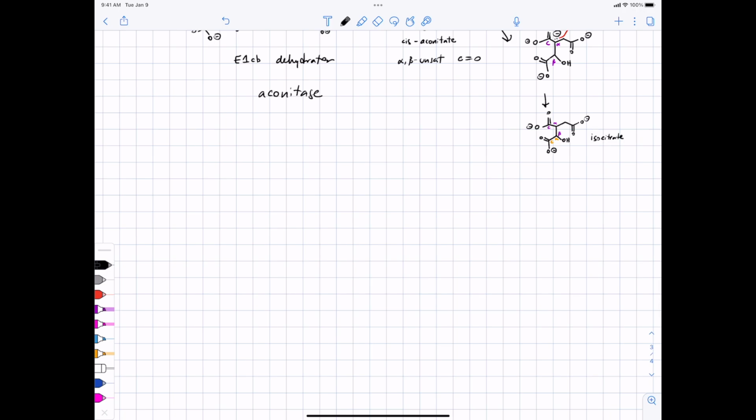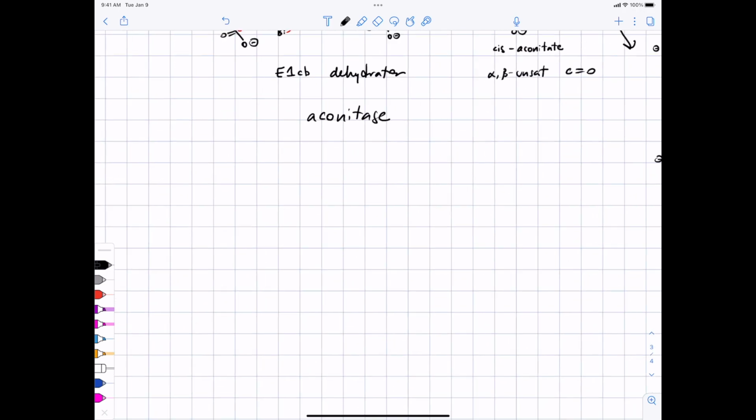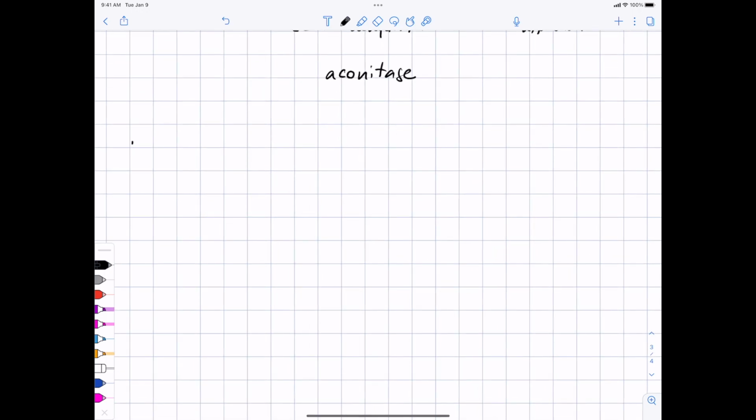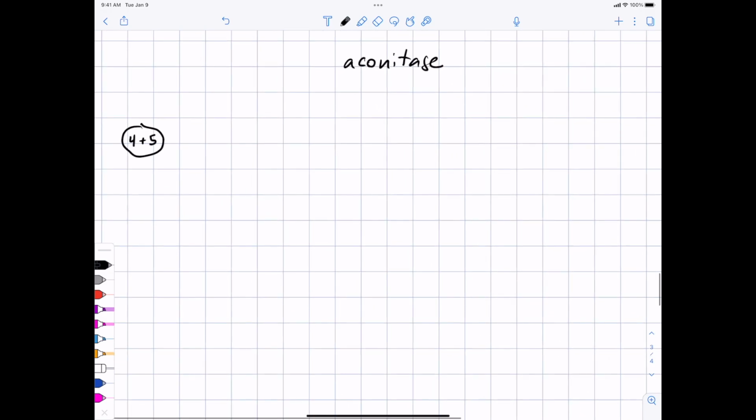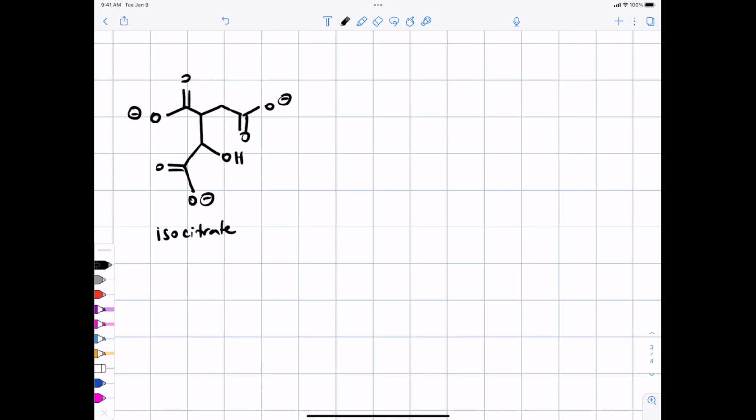Okay, so we're going to do steps 4 and 5 together because one is the oxidation and the other is the decarboxylation. So here's isocitrate. And then I'll draw NAD plus.